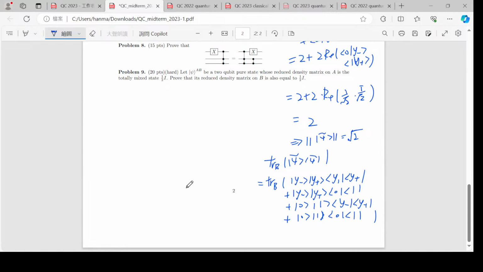It's really annoying now, so we need to do trace B, which means we take 0, 0 and 1, 1 on the second register, tensored with the identity.